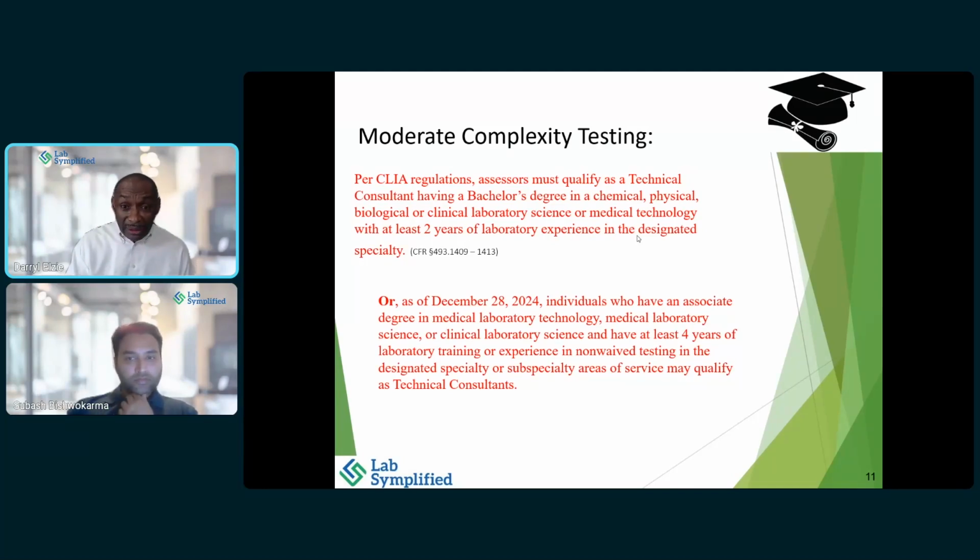What they did, and I commend the CMS, they listened to all the comments during the comment period. And so now nursing, they removed that ability of nursing to be over those programs, unless they can show that that person has all the laboratory or clinical science background, the quality background necessary to successfully run the program. This is a transition.